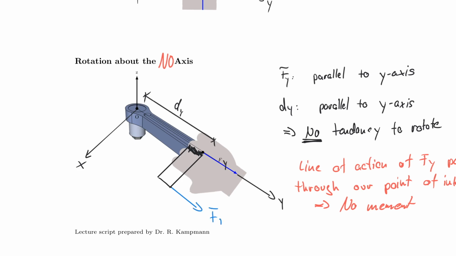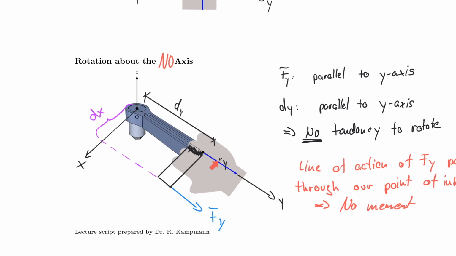Then I actually would have a distance to the point of interest. And that distance would be this line here, or better indicated by this here, which then would be called dx, because it's parallel to the x direction. And now this would create a moment about point O.